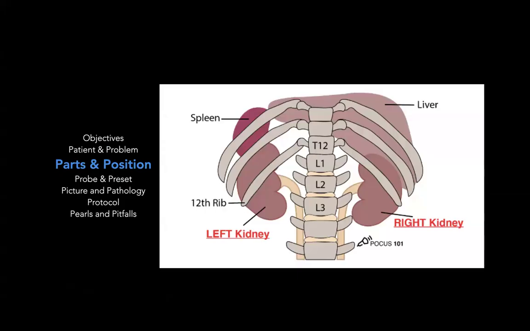So to review parts and positions, we'll be talking about kidney ultrasound first. As we may remember, the right kidney sits a little bit lower than the left because of the big liver that's in the way on the right side.